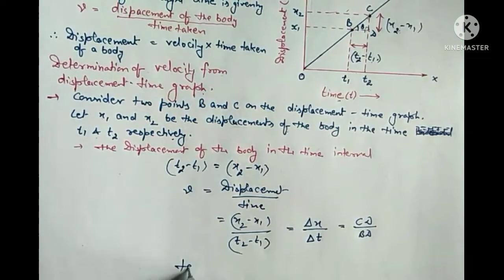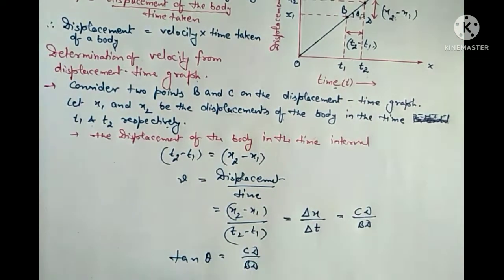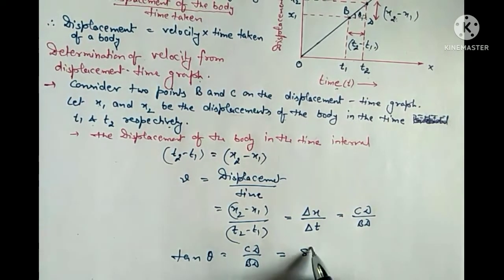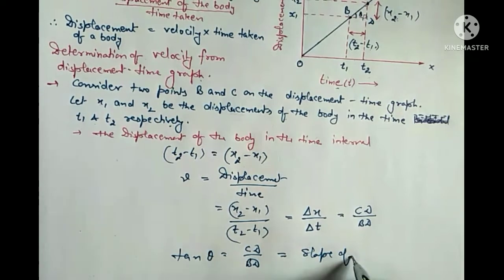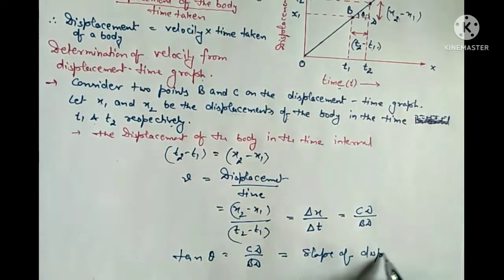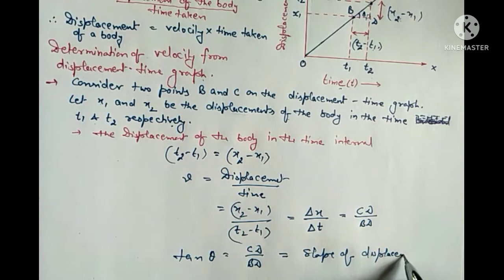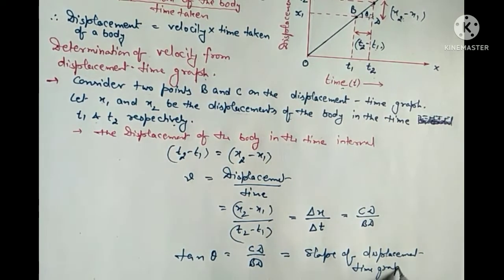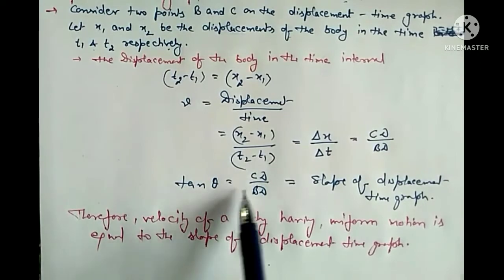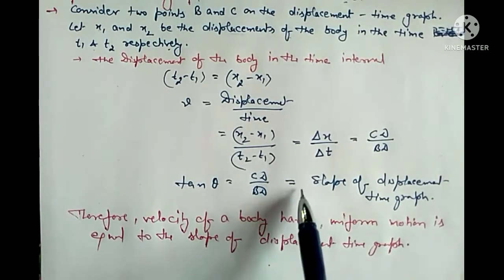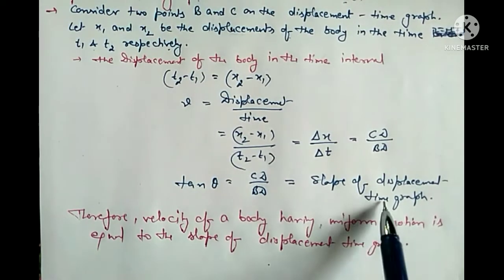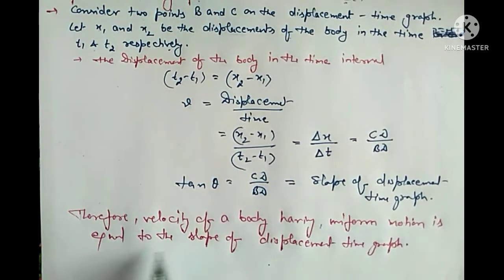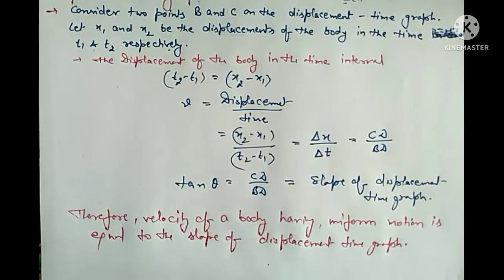So tan theta is equal to CD over BD, and this is equal to the slope of the displacement time graph. Therefore the velocity of a body having uniform motion is equal to the slope of the displacement time graph.